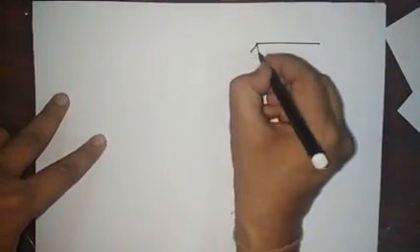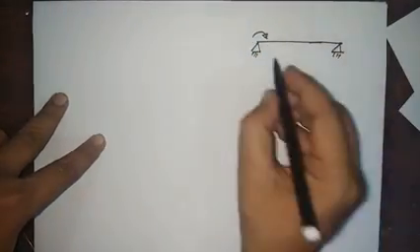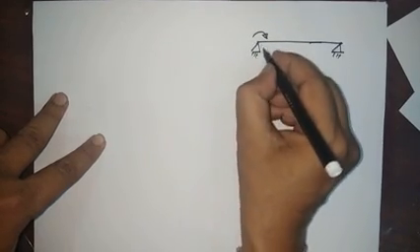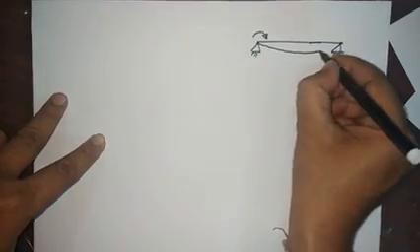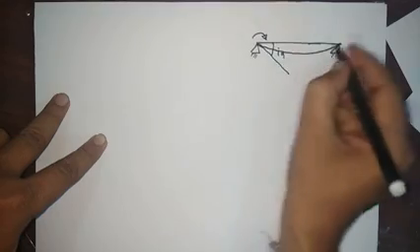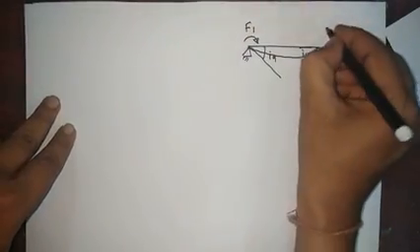For the F matrix, we apply the unit rotation; this is the deflection shape, and this is the slope at A and this is the slope at B. This is coordinate 1, so F1, and coordinate 2 is F2.